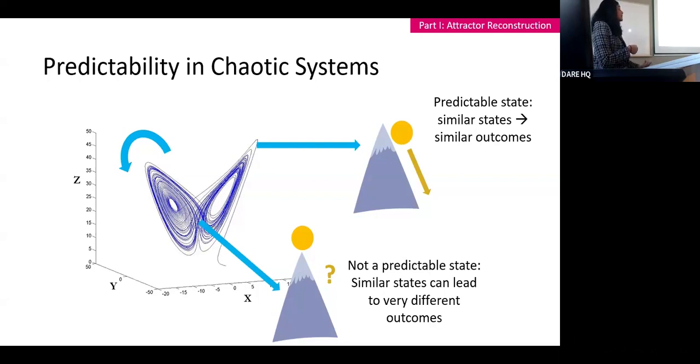If you're in the middle of the attractor, however, a very small perturbation can push you into this lobe or into the other lobe. And that's where that sensitivity to perturbations comes from. When you're in a particular kind of state in the system, you're more sensitive to these perturbations. So the lack of predictability doesn't come from us not understanding the physics or not having high enough resolution. It's just a mathematical property of the system.